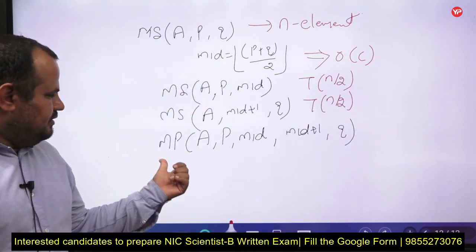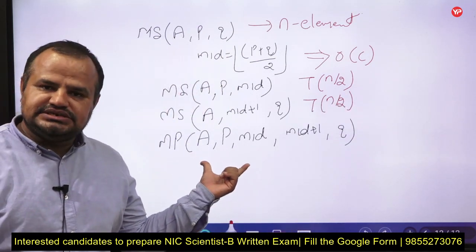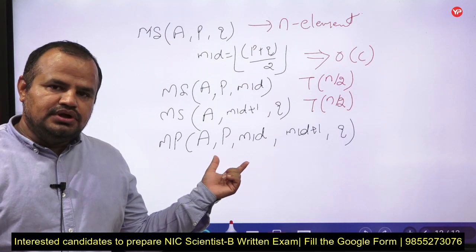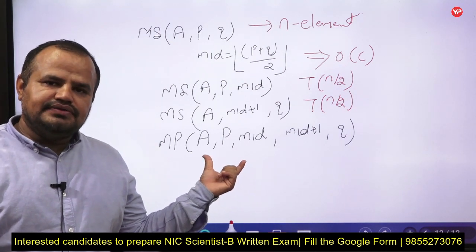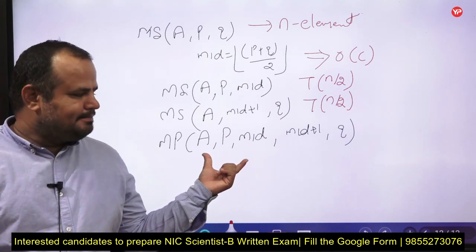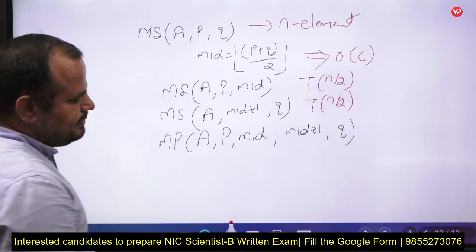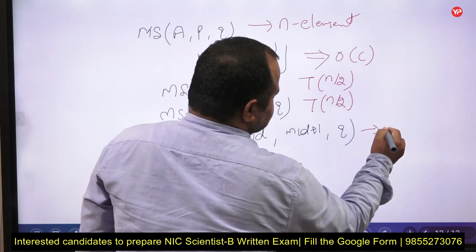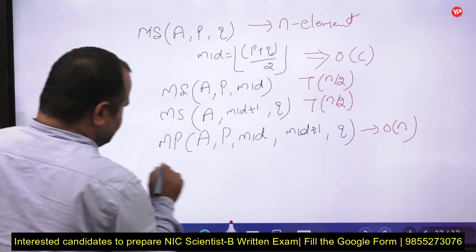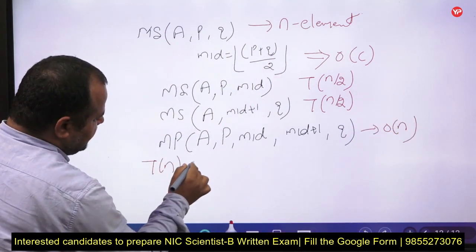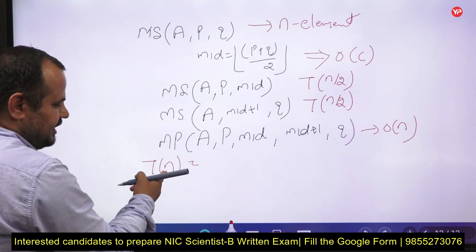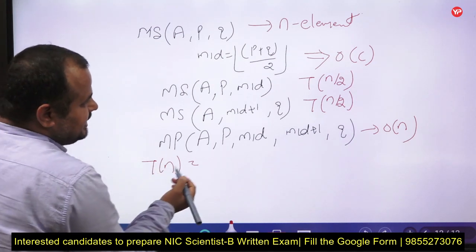Now can you tell me what is the merge procedure's worst case time? As we already saw, to sort two sorted subarrays in a single array, it will take m plus n minus 1 comparisons, whose asymptotic complexity is order of n. So my final recurrence relation is T of n. I have an array of size n and my task is to sort these subarrays.